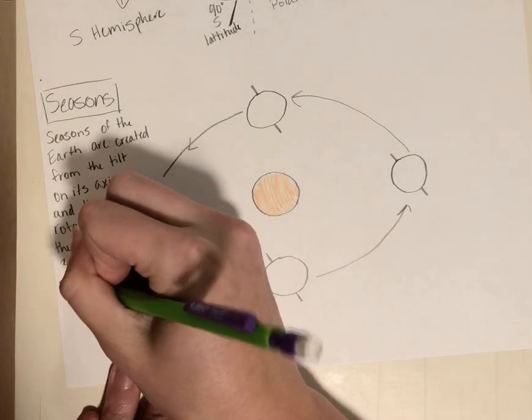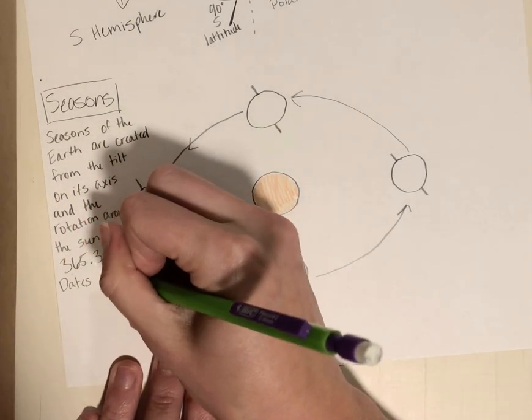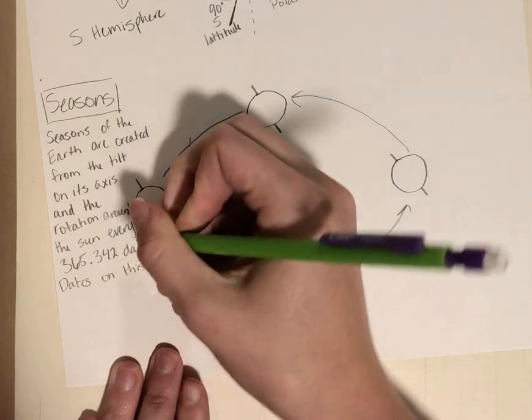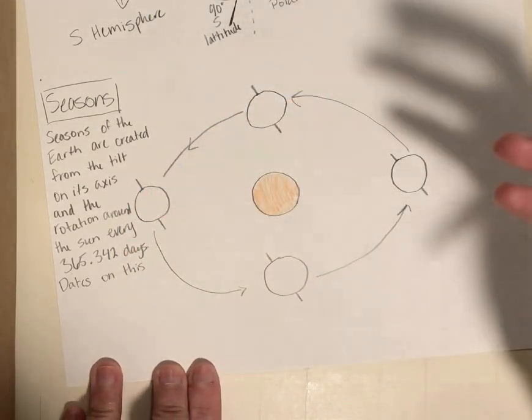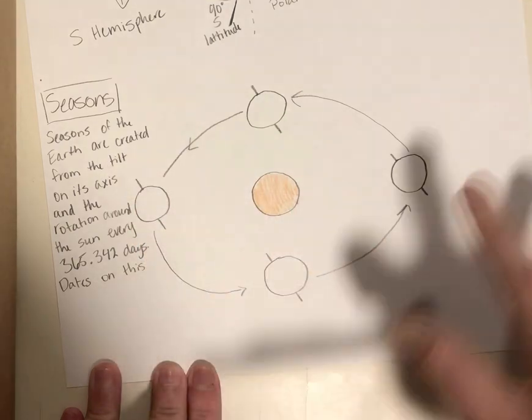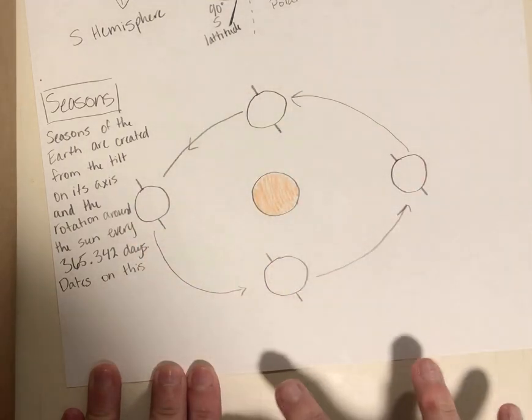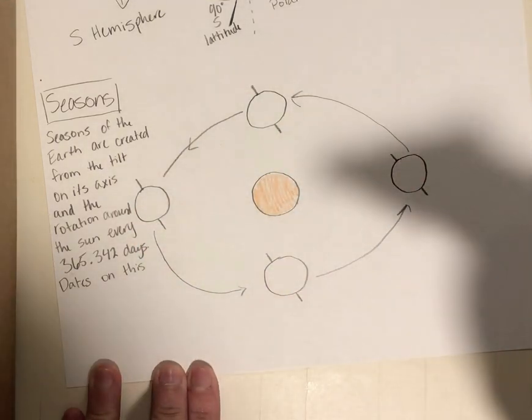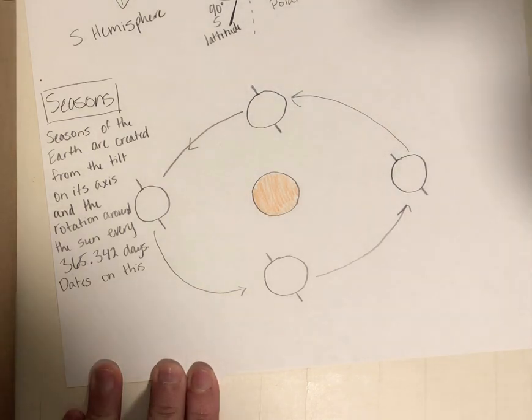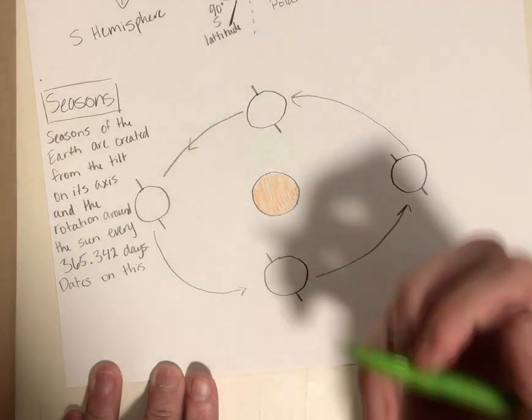And the dates that we're going to use on this diagram are based on the northern hemisphere. So every date that I say one of these events is happening, we're basing on what the weather is in the northern hemisphere and not in the southern.